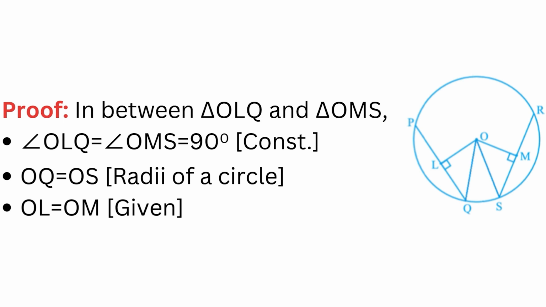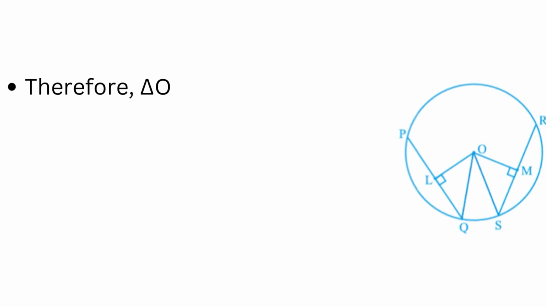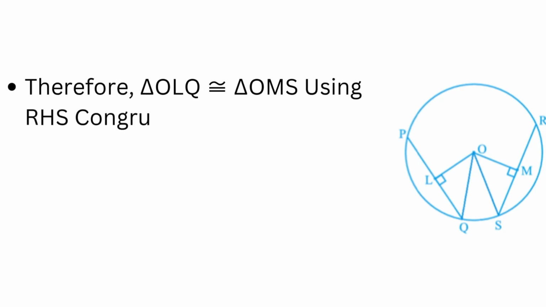So, what is your conclusion from the above proof? Triangle OLQ is congruent to triangle OMS using the RHS congruence criterion.